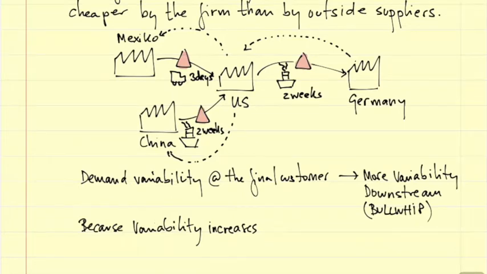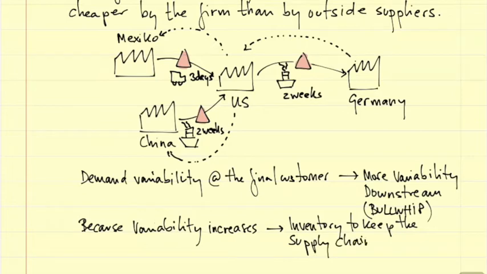Because variability increases, it means that the amount of inventory to keep the supply chain safe, so without stock out, increases.